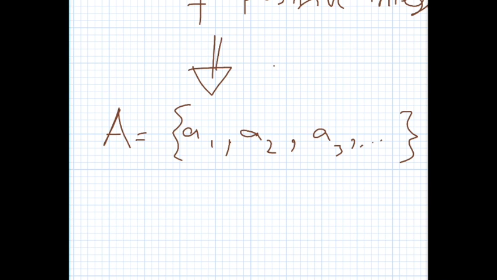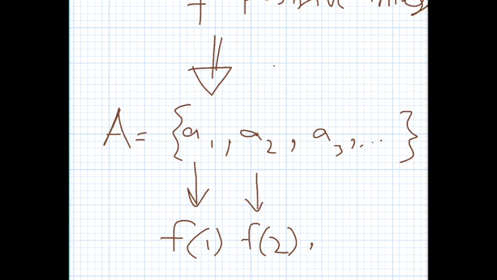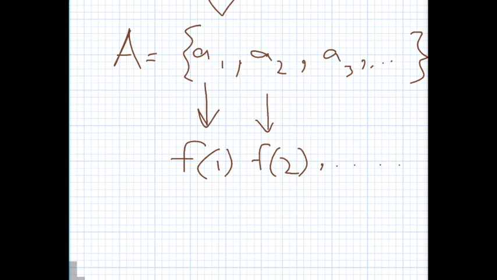Now if this is a countable set, then we can say that this is f of 1, this is f of 2 and so on, where this f is any function, any one-to-one correspondence, right? So any set which can be listed is a countable set. By definition, any set which has a finite number of elements or has the same cardinality as the set of positive integers is a countable set. Okay.